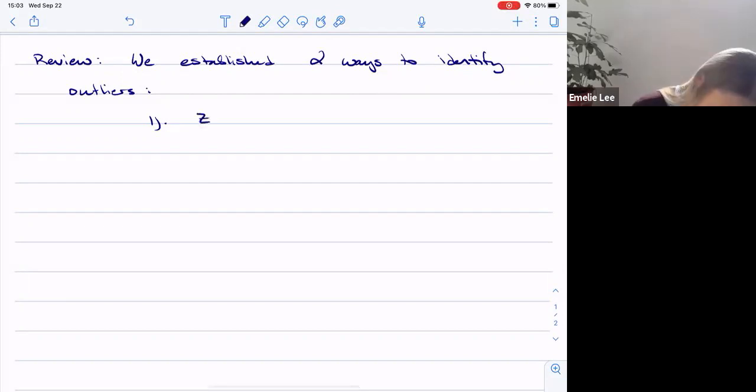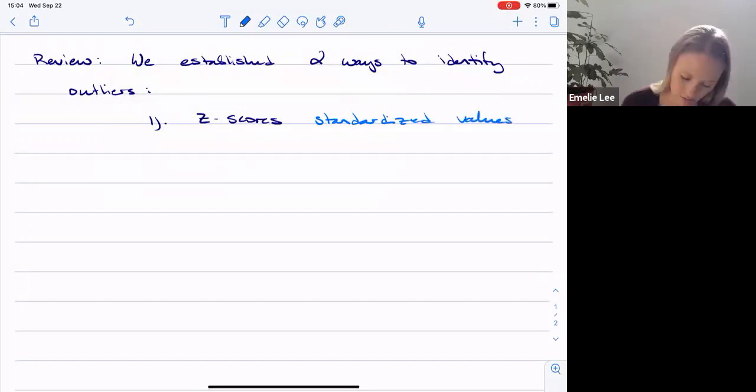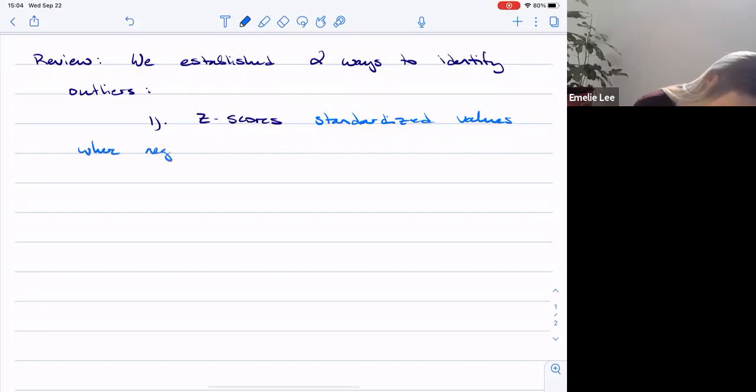So we can use Z-scores, which are standardized values, where anything below the mean is going to be negative, where negative values are below the mean, and positive values are above the mean.